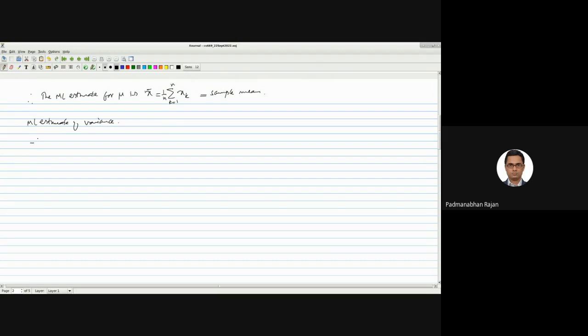So this is minus 1 by 2 theta 2 plus (xk minus theta 1) by 2 theta 2 square is equal to 0. Here, what theta 2 makes this 0? That's what we have to find out. Theta 1 is the constant.